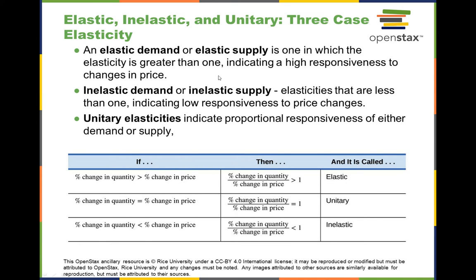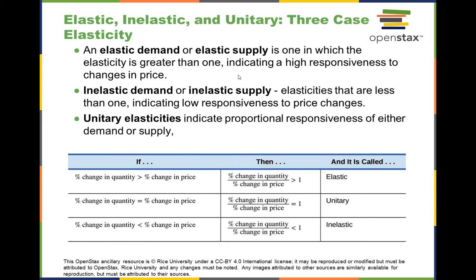And so we can see an elastic demand or elastic supply is one in which elasticity is greater than 1. So when we look at that, we can tell this involves a mathematical formula, because if it is greater than 1, it is reflective of price change. If it is less than 1, then it is inelastic, so it's not that reactive.